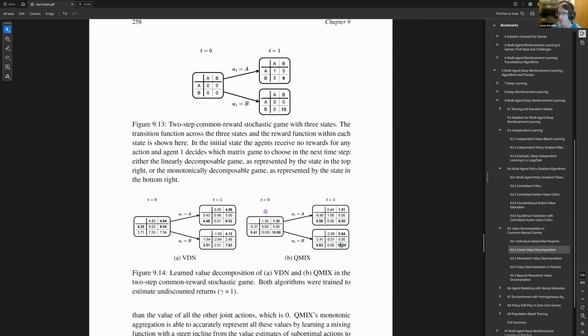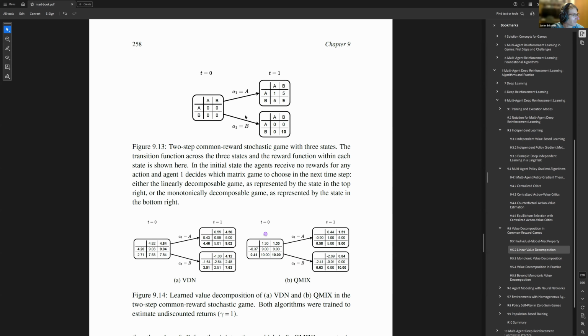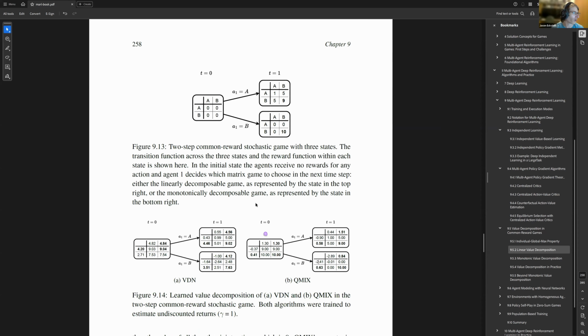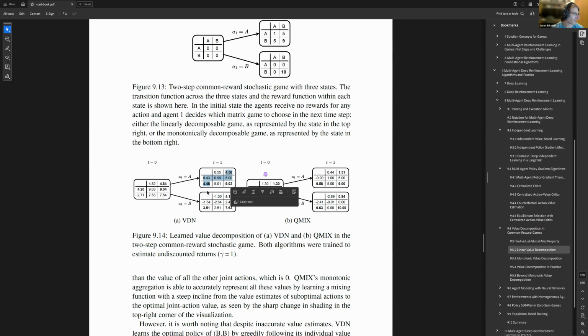Here, QMIX learns correctly that it's 10. So this is a case where even in a simple matrix game you get the correct ranking of the joint actions, if the values themselves are too far off, you can wind up with issues like this where you don't transition into the correct state because the values are wrong.